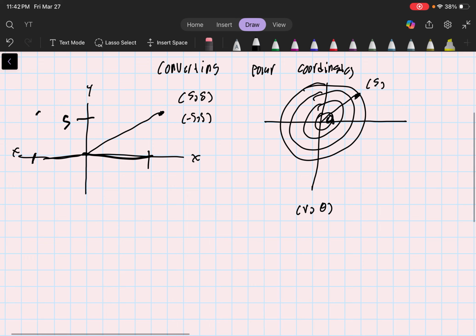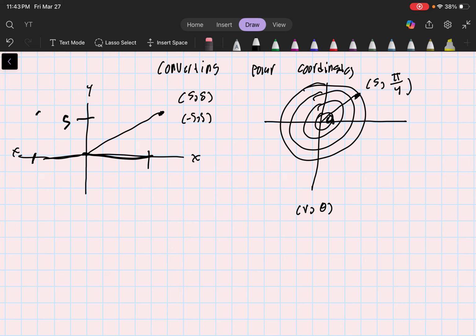This would be 5 and then 45 degrees for theta, or I believe pi over 4. Yes, that will be your theta because it's 45 degrees.